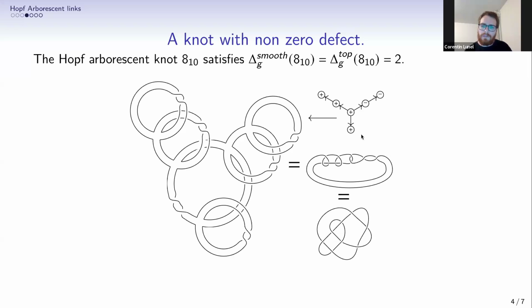And so if you take a very large tree and you repeat this pattern, you will obtain a link whose defect is at least the sum of the defects of each pattern. And that will show you that you will get different links, because their defect will be different, and you can go arbitrarily large. So that's a way to construct links with very high defect, and also different links.